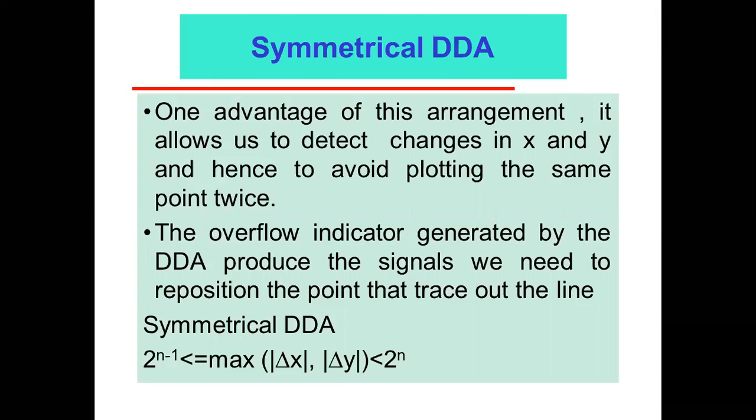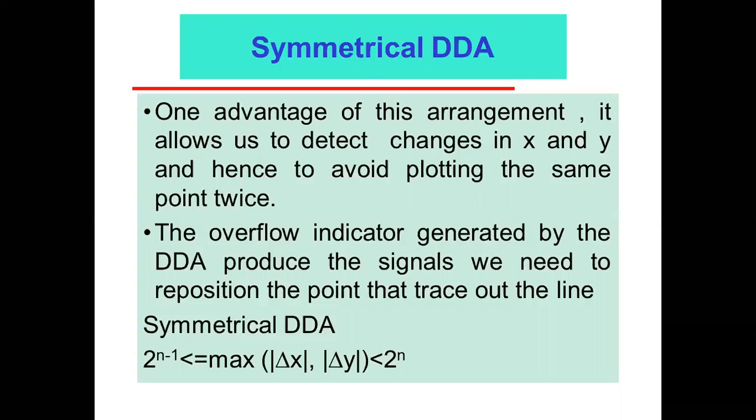Now suppose we have initial point 4 comma 5 and final point, that is the end point, 9 comma 10. Now you have to calculate delta x, x2 minus x1, that is the final point minus the initial point. Similarly, delta y is y2 minus y1, the final point minus the initial point of y.